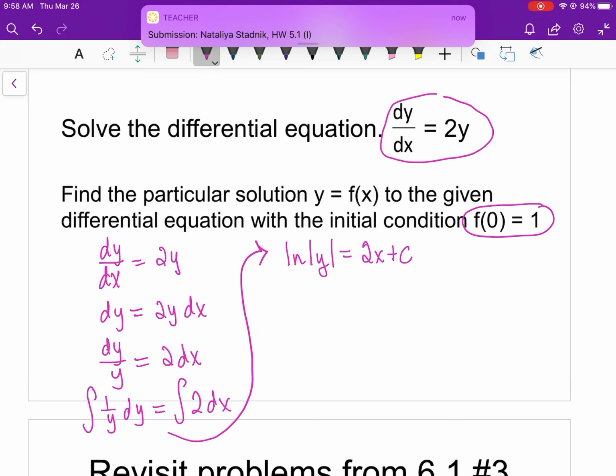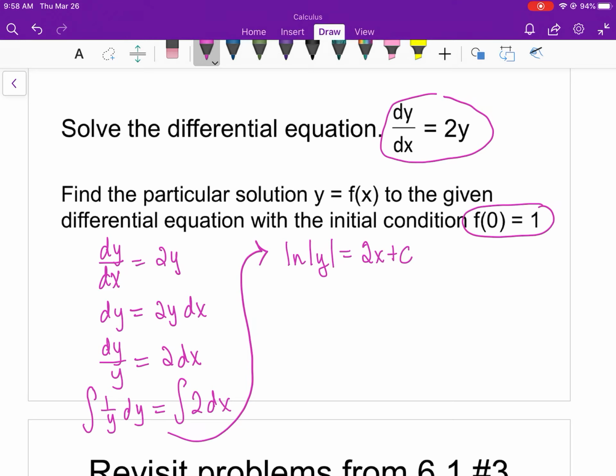Let's see here. We're going to have to solve this for y, so this is where it gets kind of interesting. This is a logarithm base e, and so if you want to rewrite it this way, you might understand what we're going to do. We're going to switch it to an exponential now, so it's going to be e raised to this exponent, 2x plus c, equals the absolute value of y.